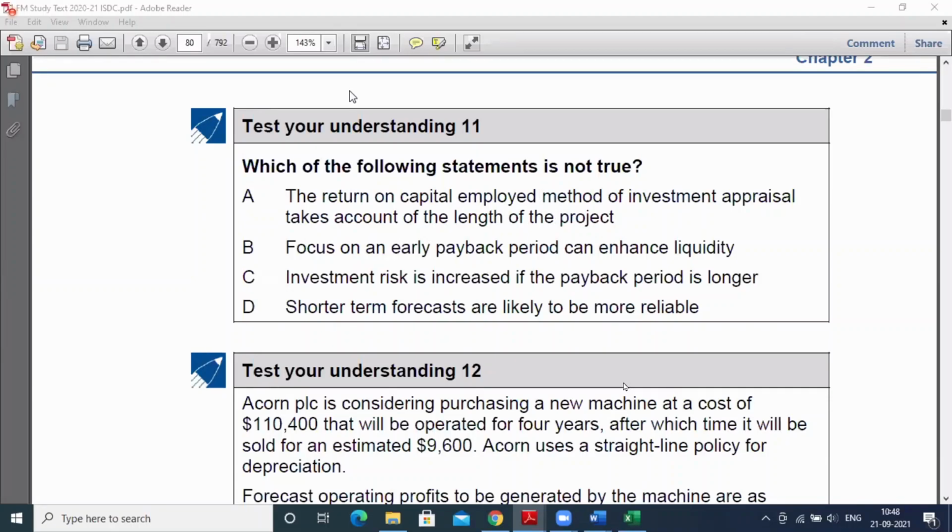Yes, sir. And as per the request, fourth chapter, test your understanding, 10th question.